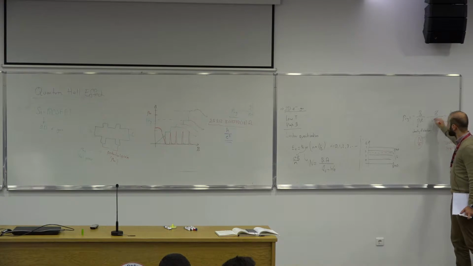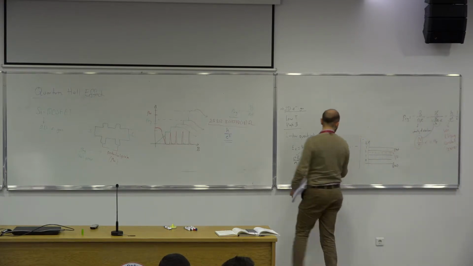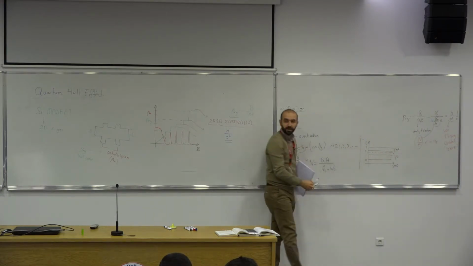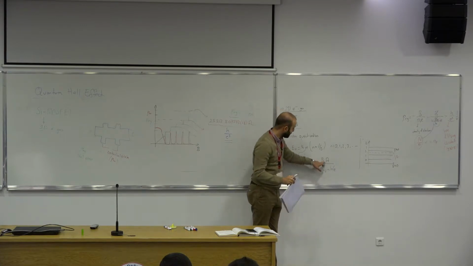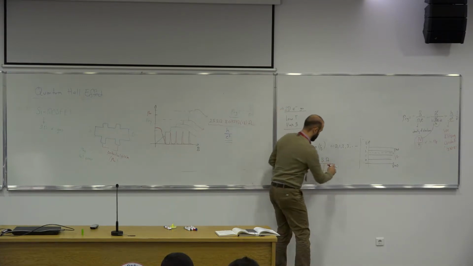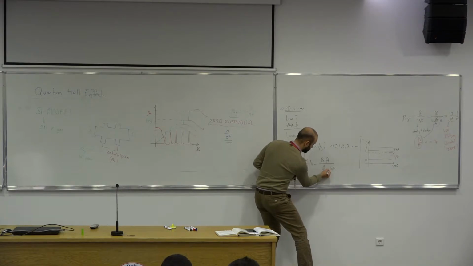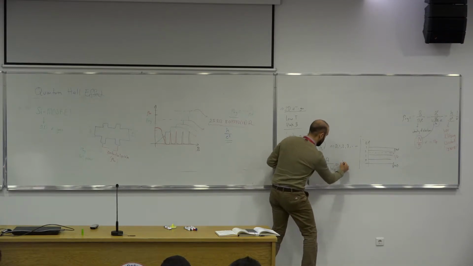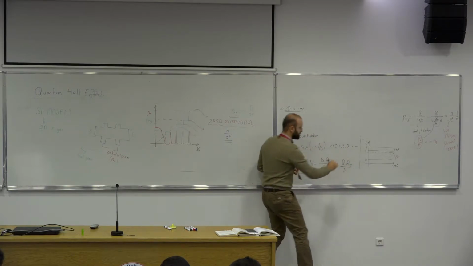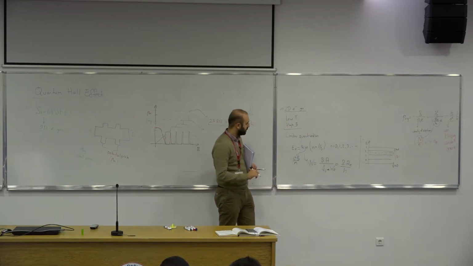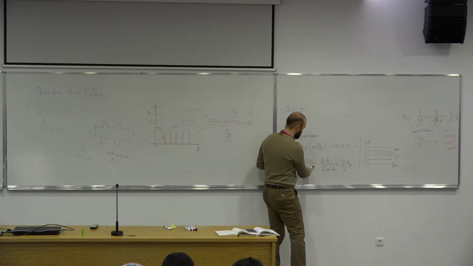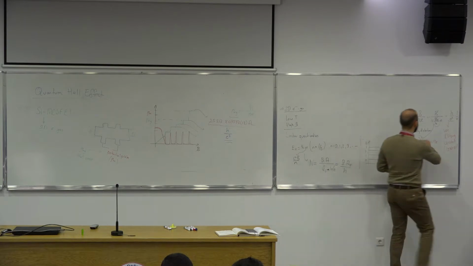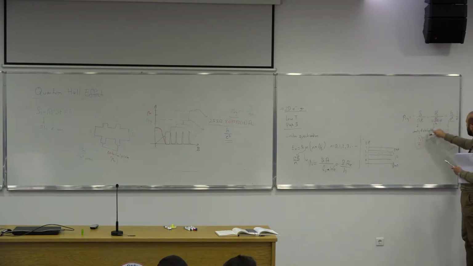So this number of electrons in each Landau level is given by B times A, divided by h over e. So I'm looking at the density, so I do N over A, which is equal to Be over h.